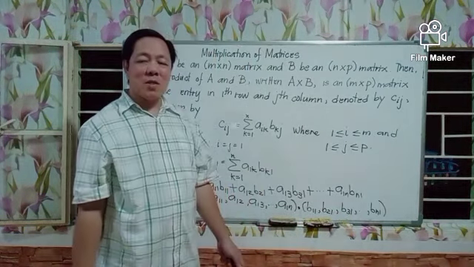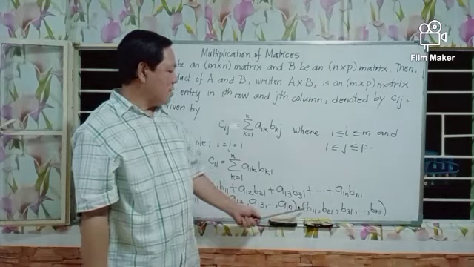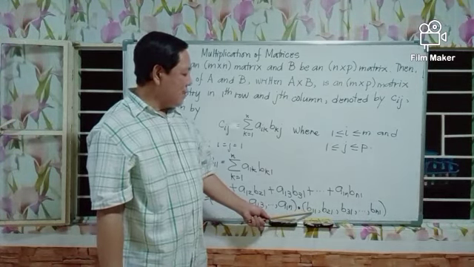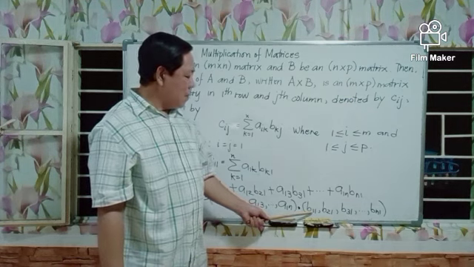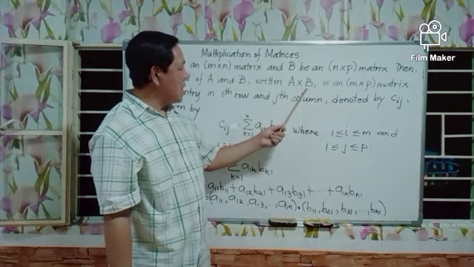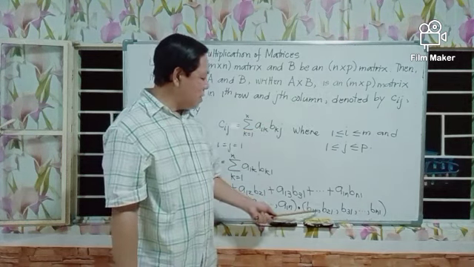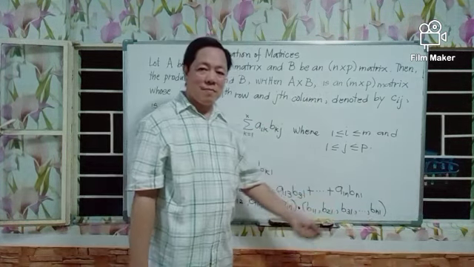First column. The first subscript refers to the row number. And because matrix B has n rows, the first subscript goes from 1, 2, 3, up to n.